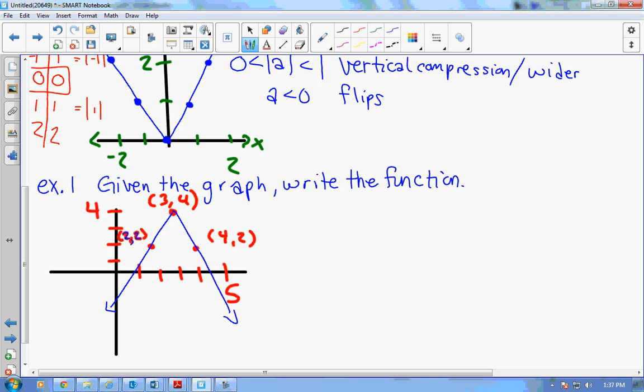If you can see the vertex, you actually know most of the equation. You can see the vertex, you just go opposite, same.